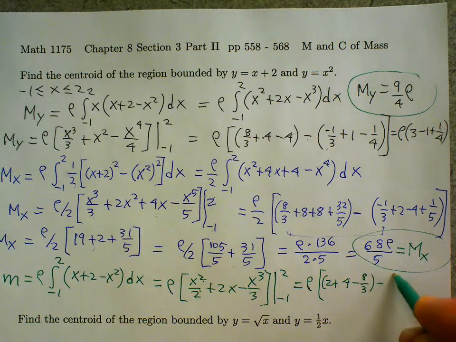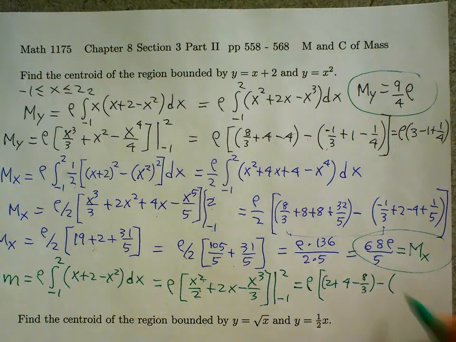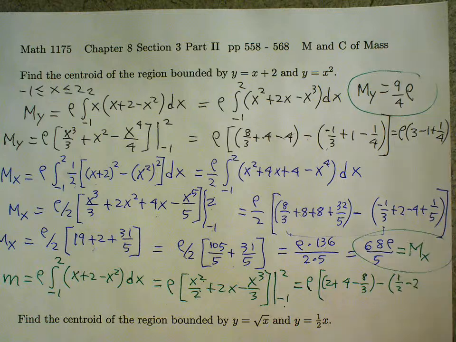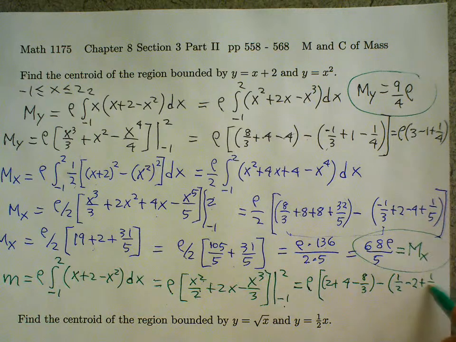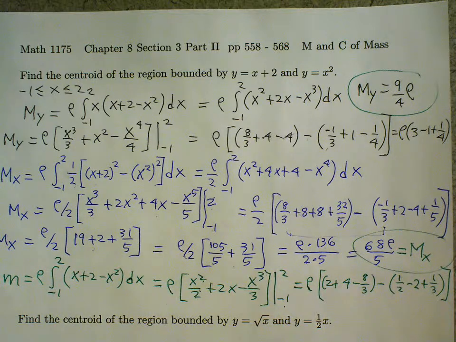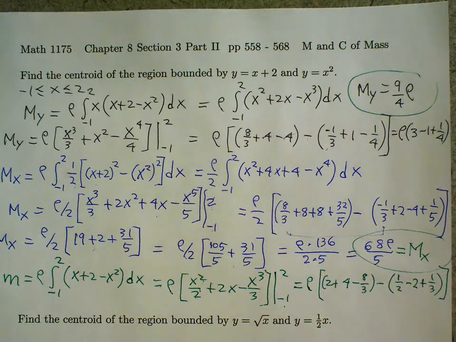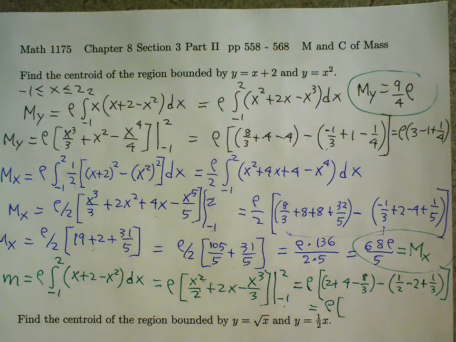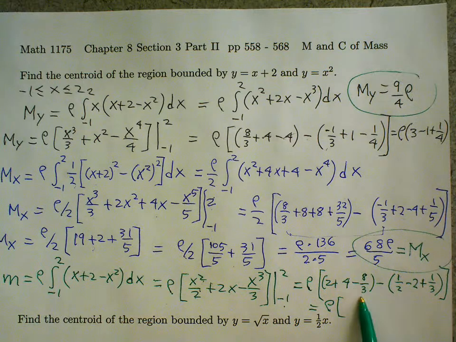And then from that, we subtract the quantity, when x is -1, we get 1/2 minus 2, and then plus 1/3. So this is rho times... The minus 8/3 minus 1/3 is minus 3.